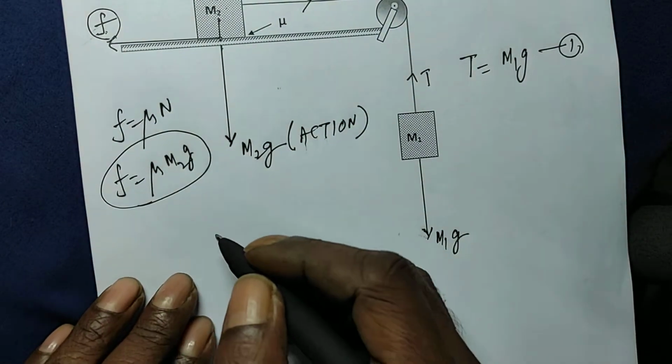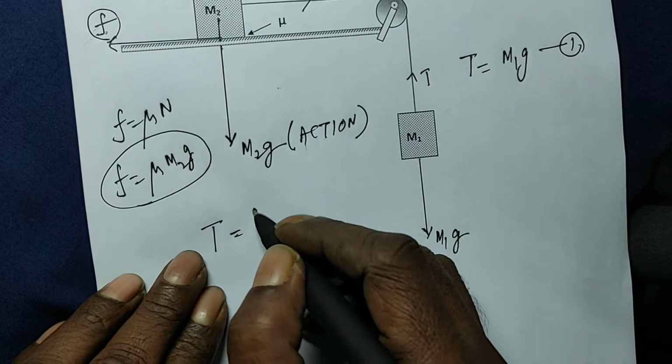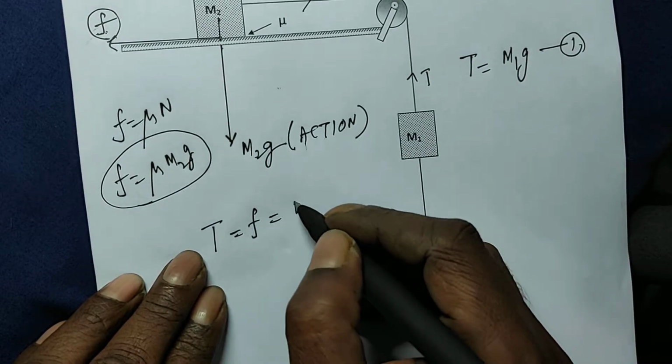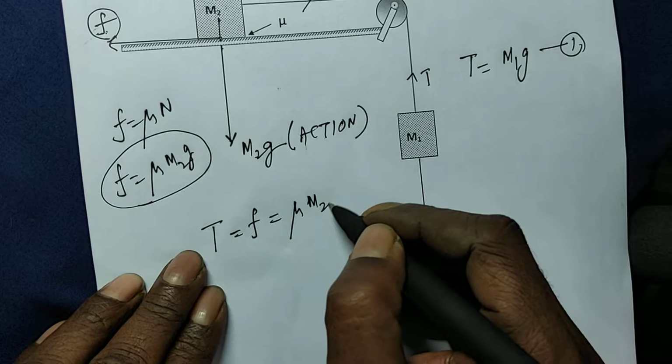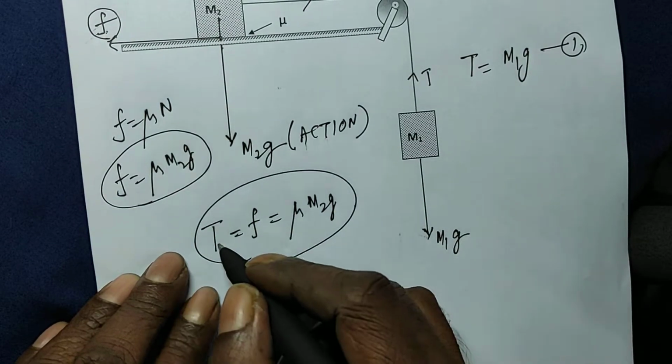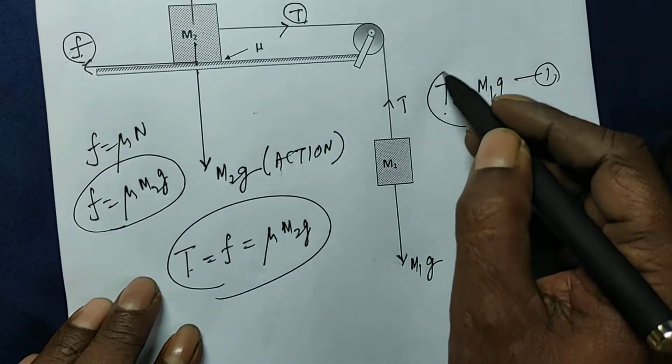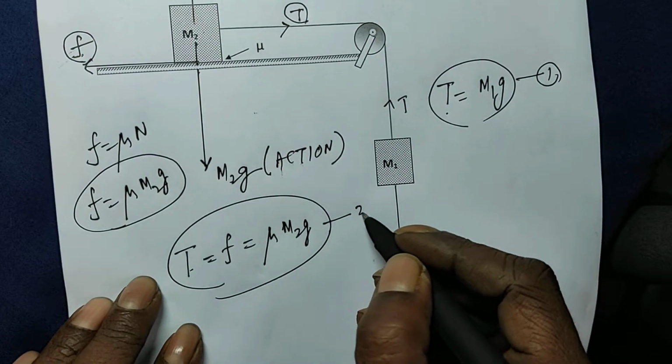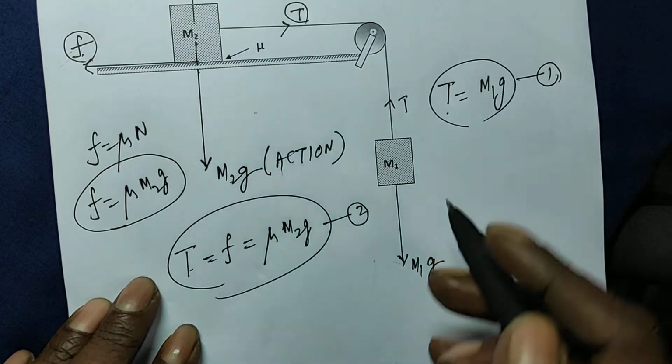So your T is equal to the force of friction, that is equal to mu M2 g, the same T. This T and this T are the same, equation 2, because it is the same string.